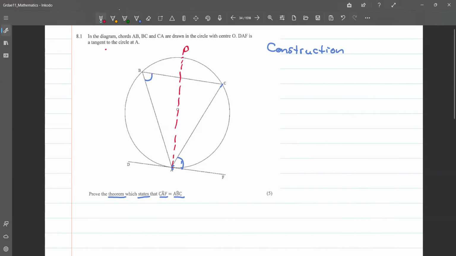From this point, we are also going to draw another chord which is not here, from P going to C, because we want to prove B. We are going to go opposite of that. If we wanted to prove C, we will go opposite of C, meaning that we'll draw a chord that goes to B. Now we're going to go to C. Got it?